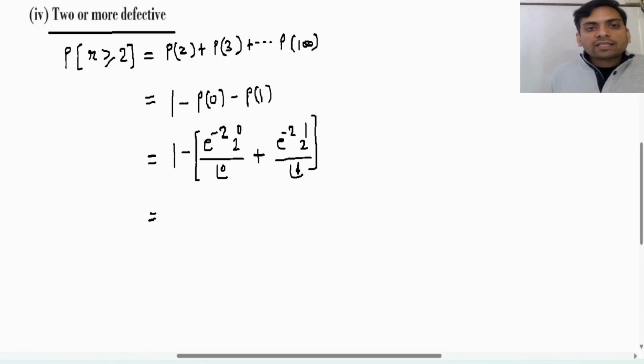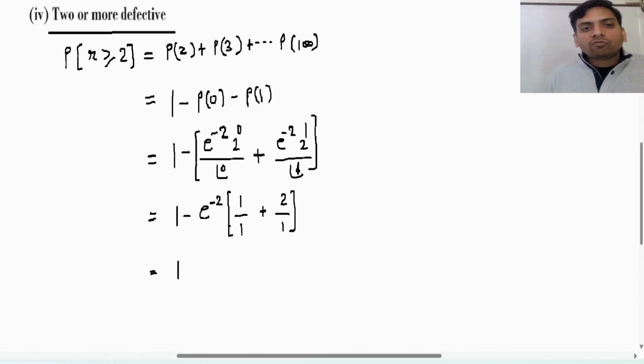So now you can write e raised to the power minus 2 as common again. So 1 minus e raised to the power minus 2 as common, and 2 raised to the power 0 is 1, and factorial 0 is 1, plus 2 raised to the power 1 is 2, divided by factorial 1, that is 1.